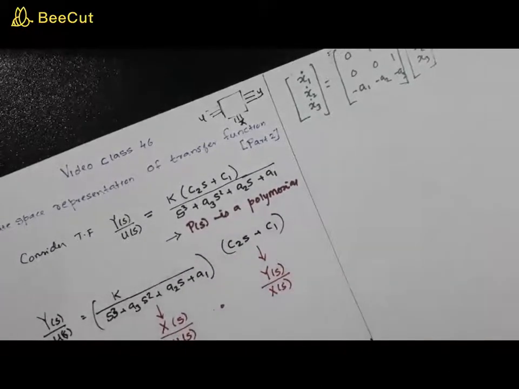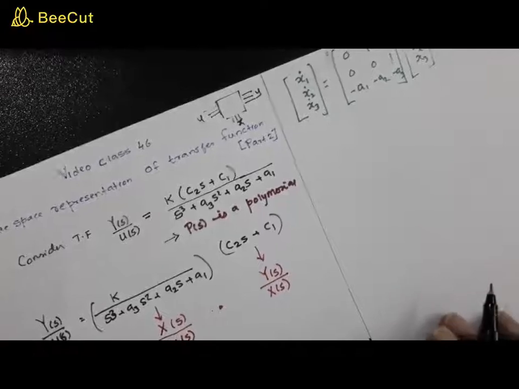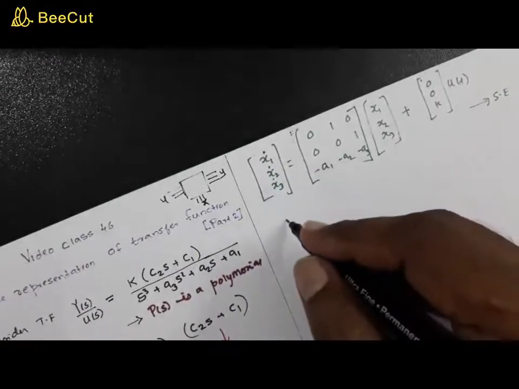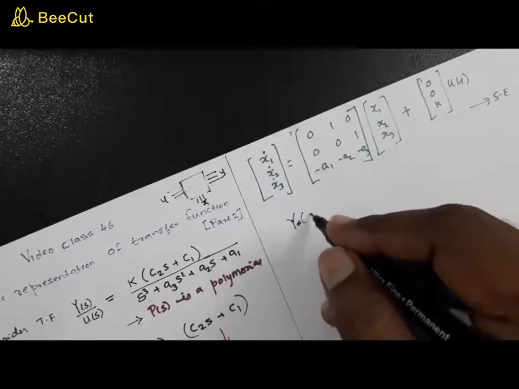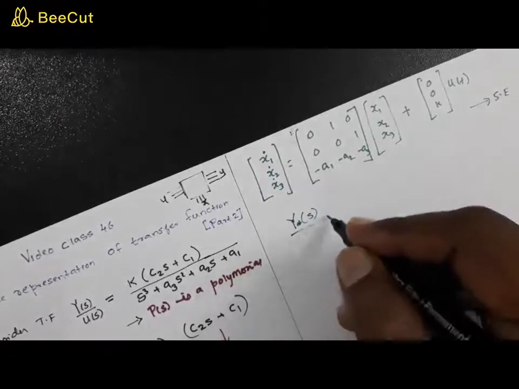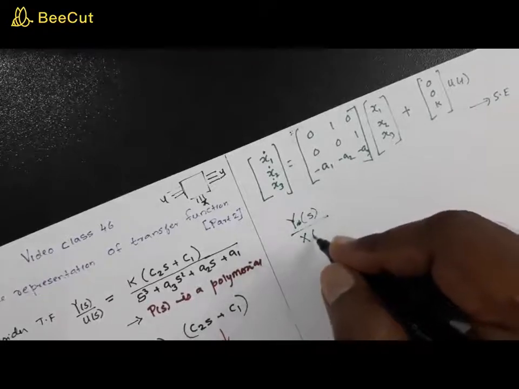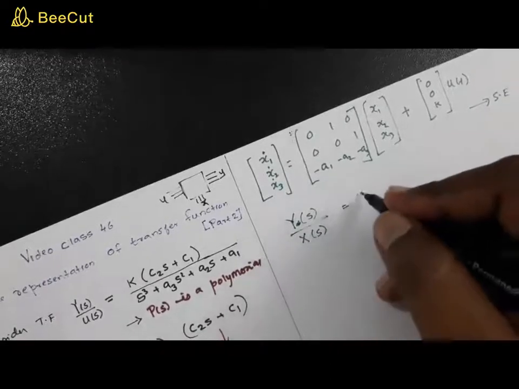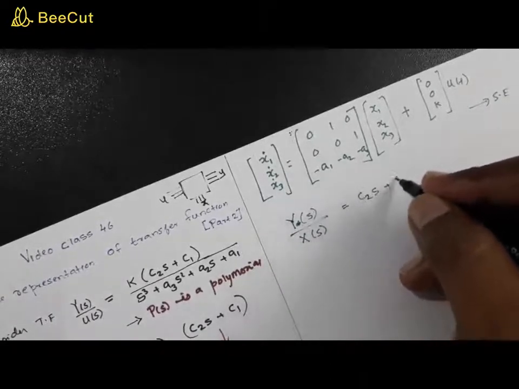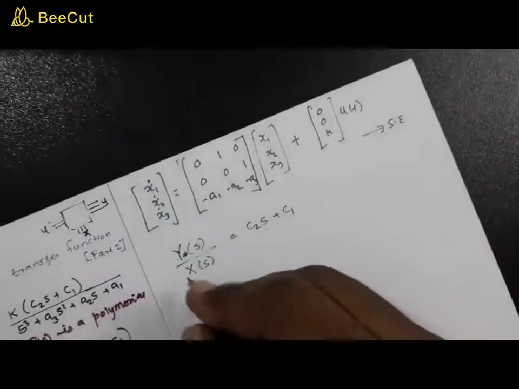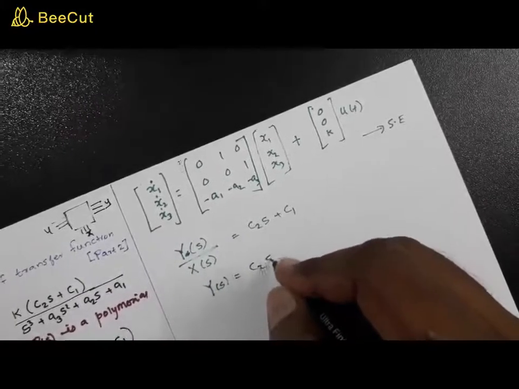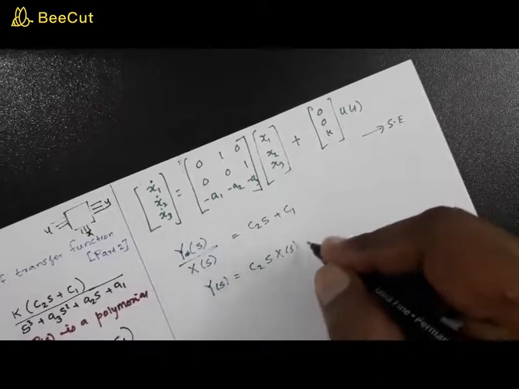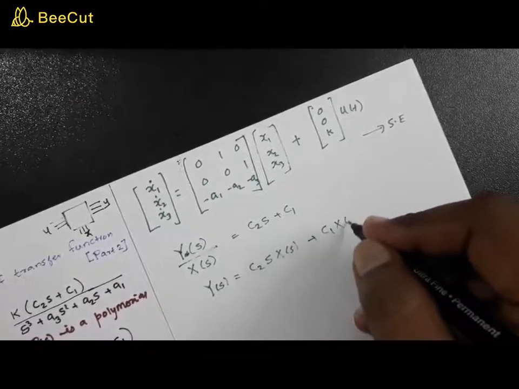Now what about this c2 s plus c1? For finding the output equation, you will be considering the polynomial p of s as another transfer function, y of s is equal to c2 s plus c1, right? Or this becomes y of s is equal to c2 s into x of s plus c1 x of s.